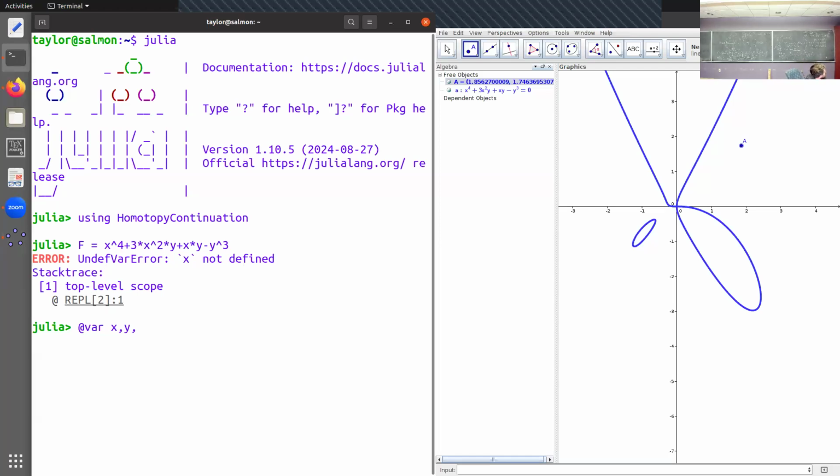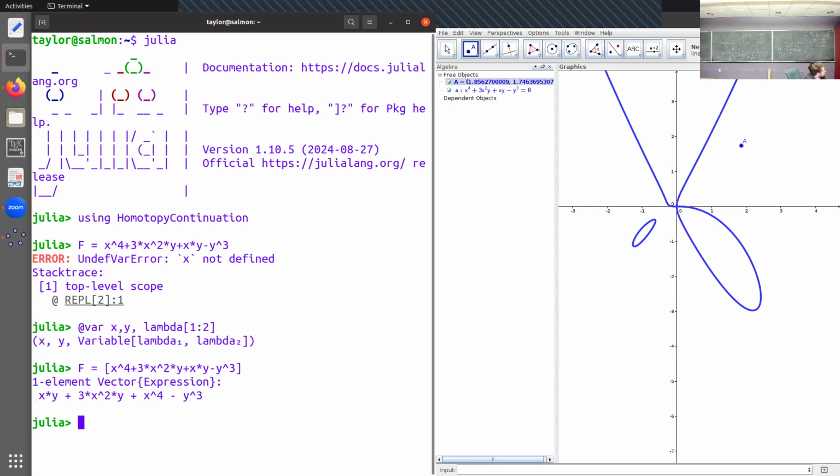How many lambdas? Probably 2. All right, now let's try this again. And maybe it's best to write this as a list just to stay consistent with the lecture, because you can do this for higher codimension stuff, right? Like you can have some curve in 3-dimensional space or something.